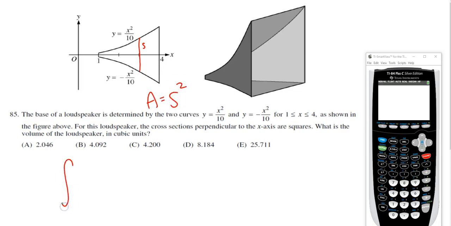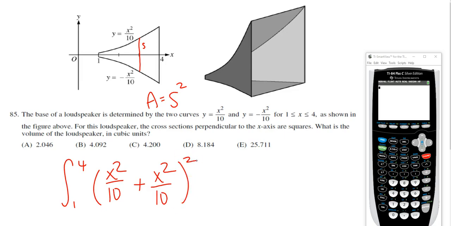So I'm going to integrate from x equals 1 to x equals 4 of top minus bottom, which is minus a negative, so plus, and then square the side. Those are like terms if you want to combine them, but there's no need to because it is calculator active.